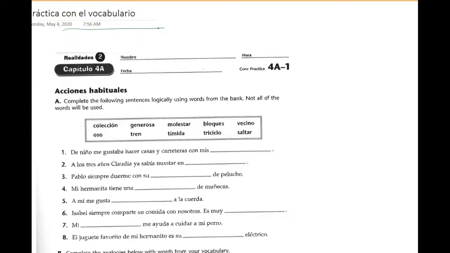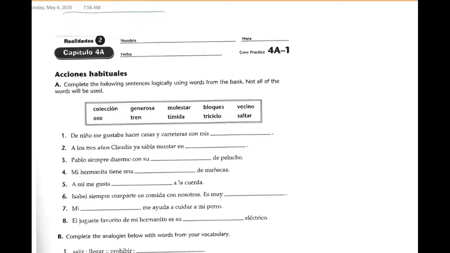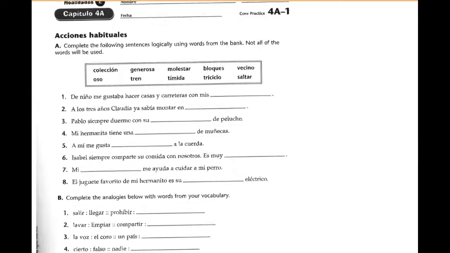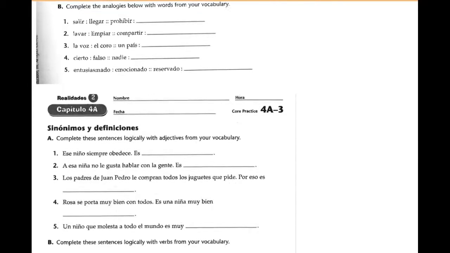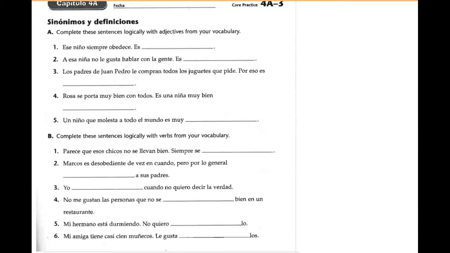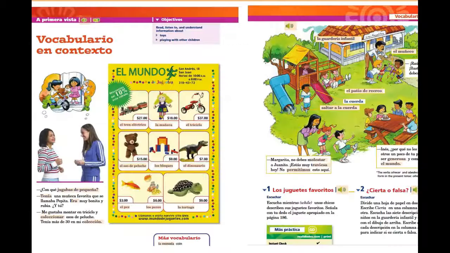I want you to work on A, B, and then on the second page also A and B. And the last thing that we are going to do today is work on texto página 186.